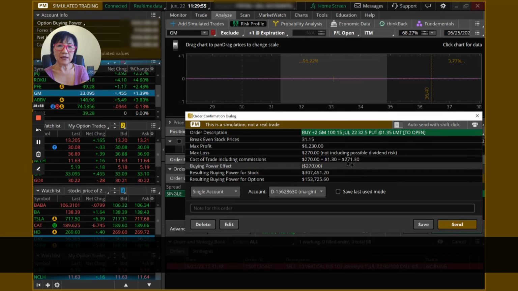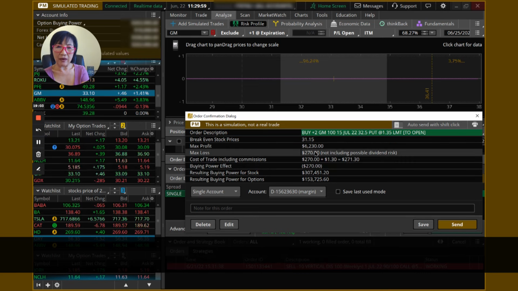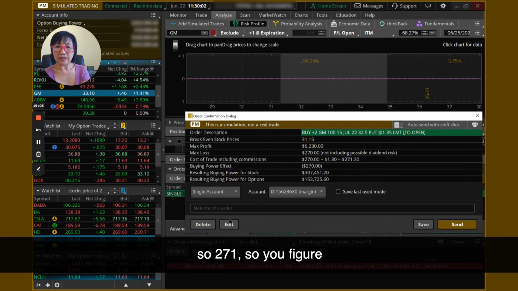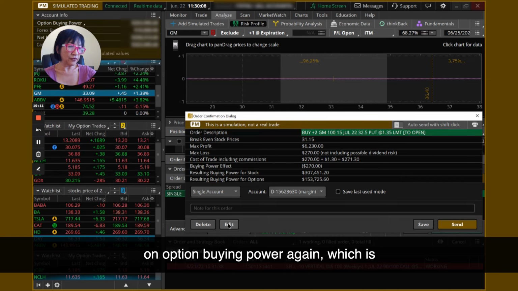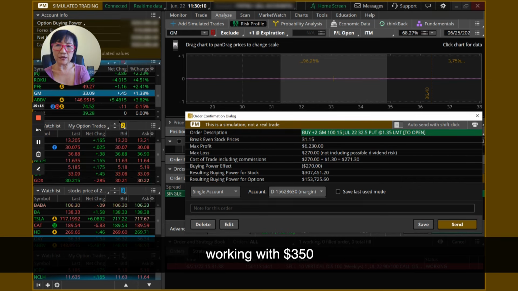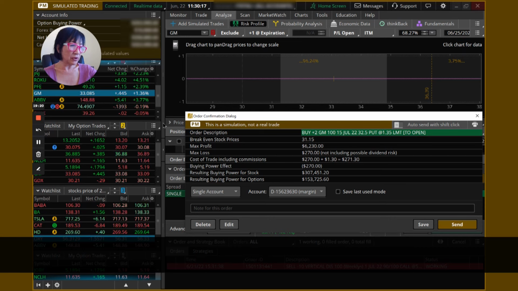And look, max profit is $6,230. Wow. So you figure $350 is all we have to use on option buying power. Again, we're just working with $350, and minus $271.30, including the commission, will be 6.